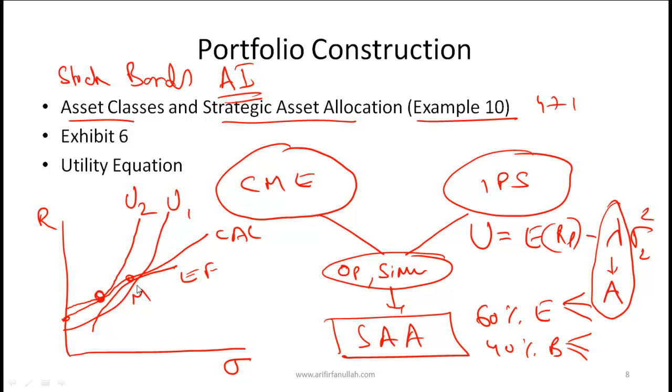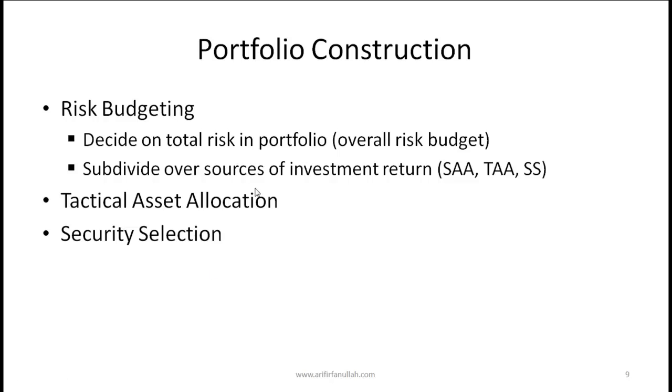The higher the U, the higher the utility, and we are then on a higher utility curve. So if you are slightly confused about this, you can go back a few lectures on the efficient frontier, the CAL, and the utility curves. But hopefully this is not too difficult. Let's continue with portfolio construction and a few more terms that you might see on the exam.